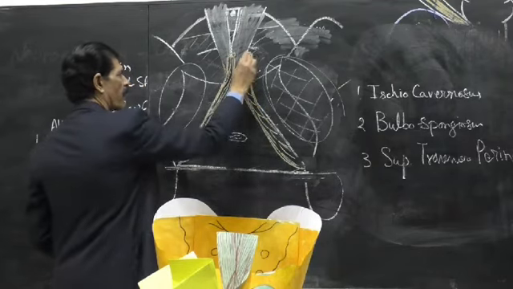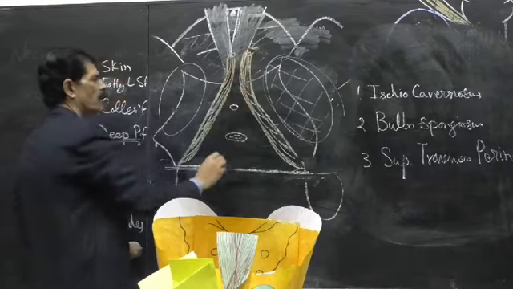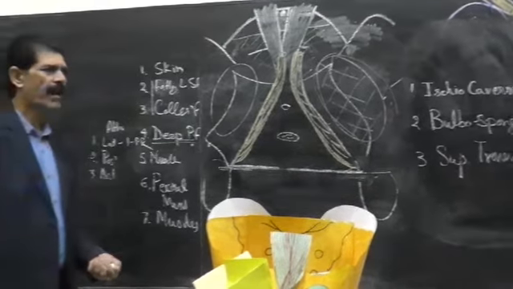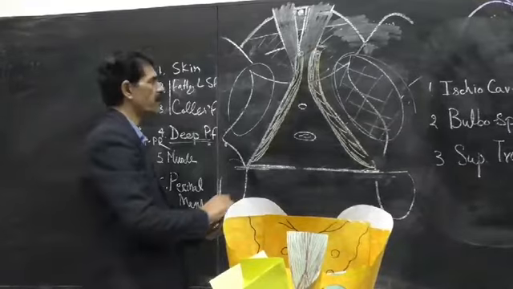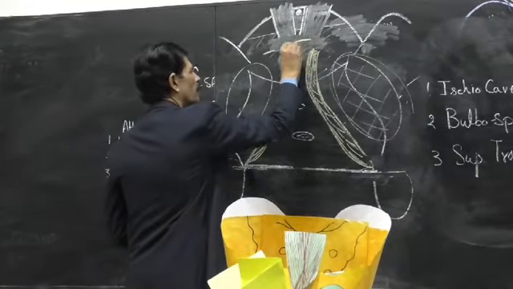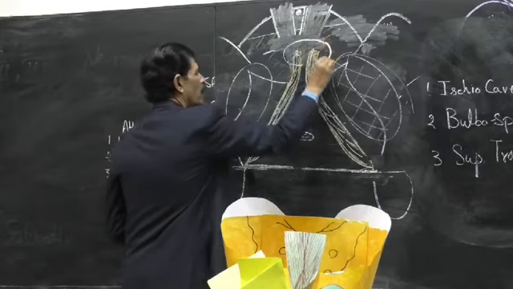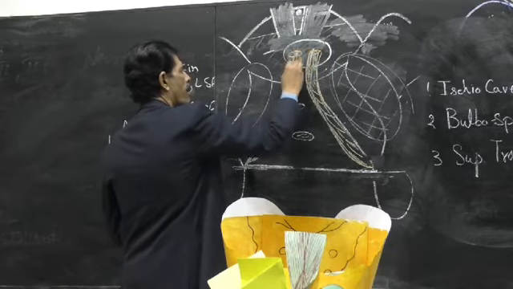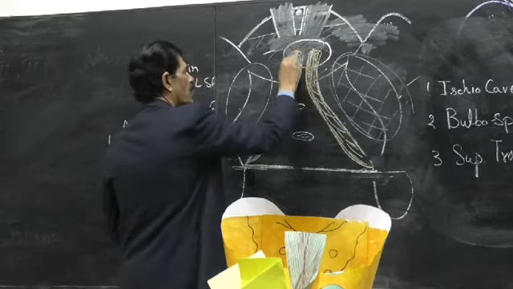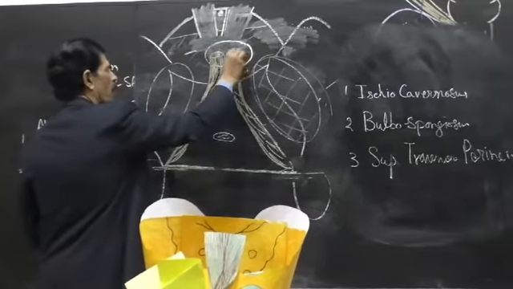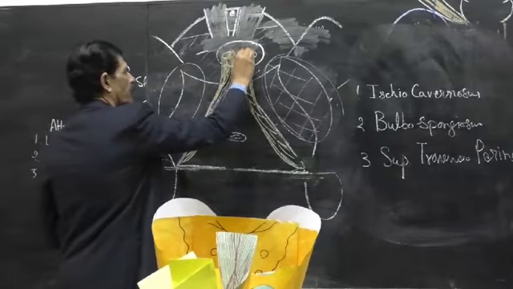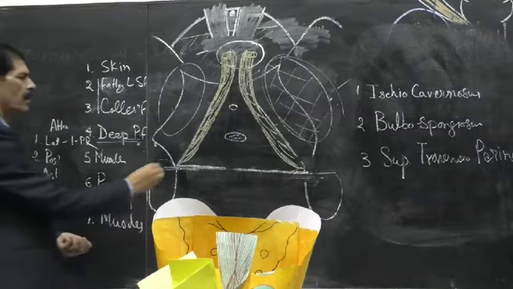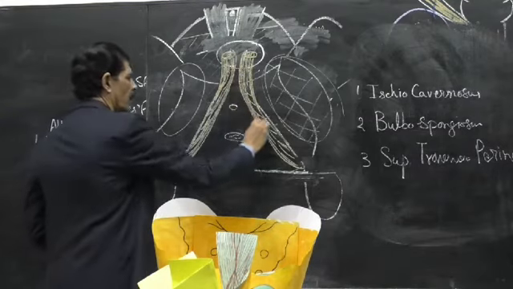And the muscle fibers are widely separated because of the presence of the cavernous sinuses. If you cut a transverse section of the penis, we get the two muscles arranged laterally. This is called the corpus cavernosum. So they are the muscles: origin, insertion. The action we will deal with later on.